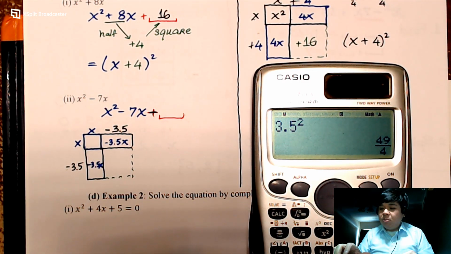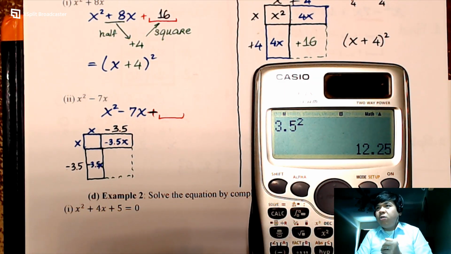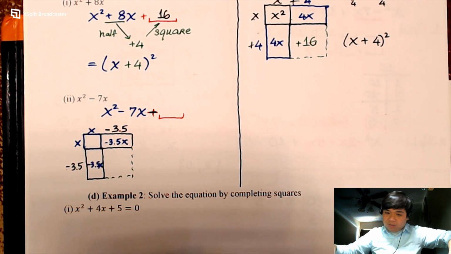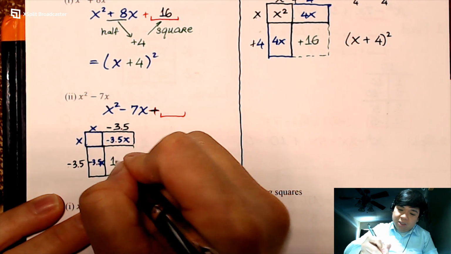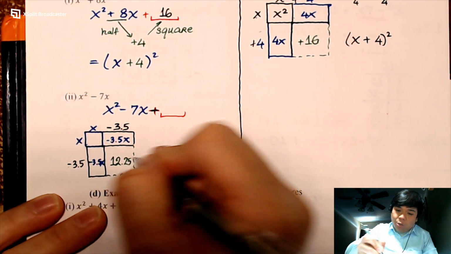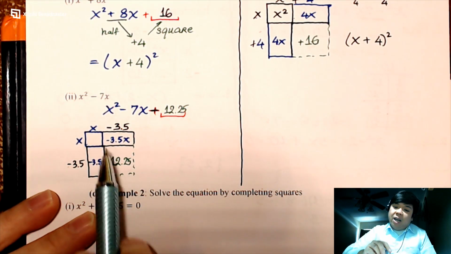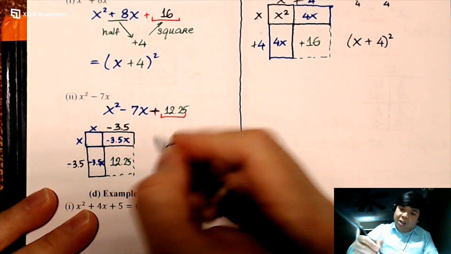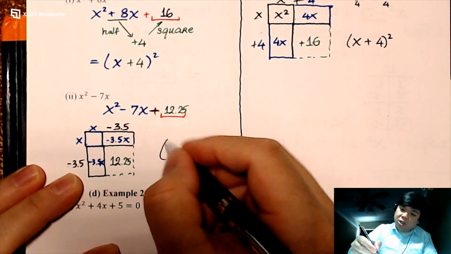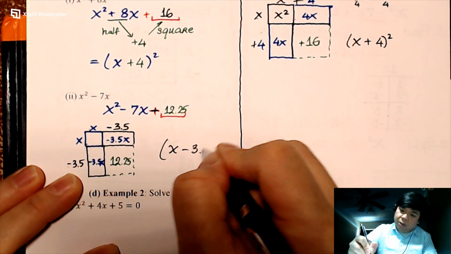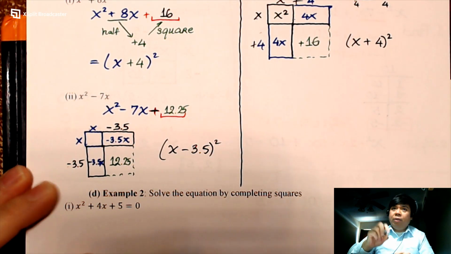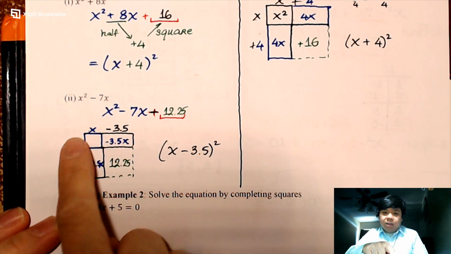We can use fraction, but 12.25 if you want to. So we're going to need to add 12.25 and that ends up being a big square of x minus 3.5 squared. Yeah, that big square.